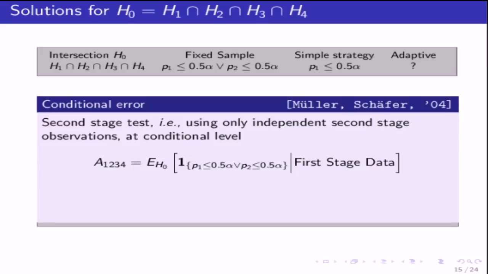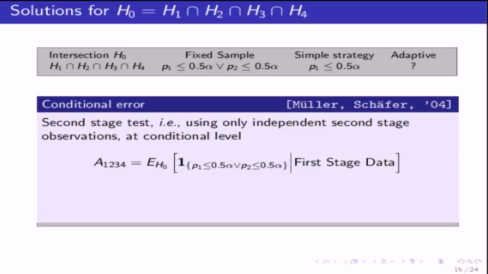What is the conditional error? It says at the second stage, so after you have performed an interim analysis, use only the independent second stage data. And what's the significance level? The significance level is a conditional level, which is defined here, and it's the probability under the null hypothesis that you would reject the corresponding null hypothesis conditionally on the data observed so far.